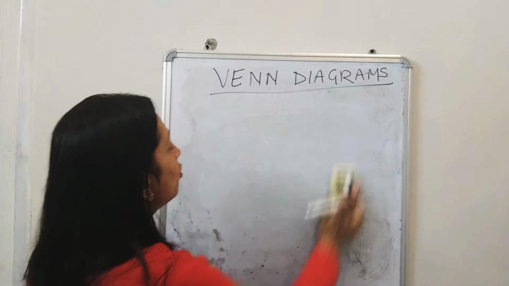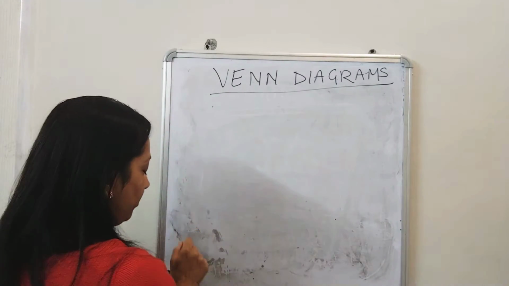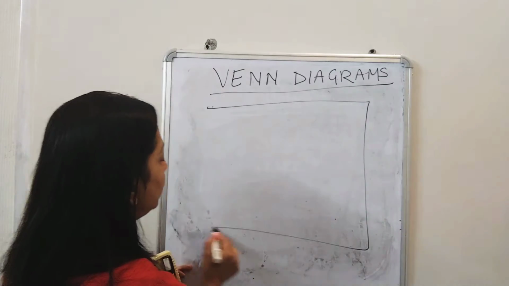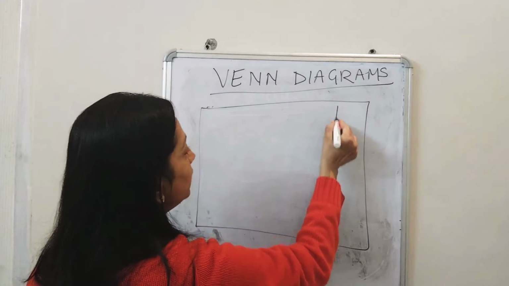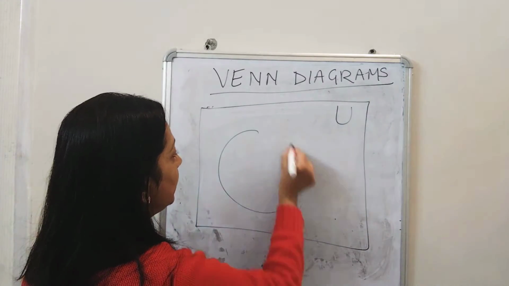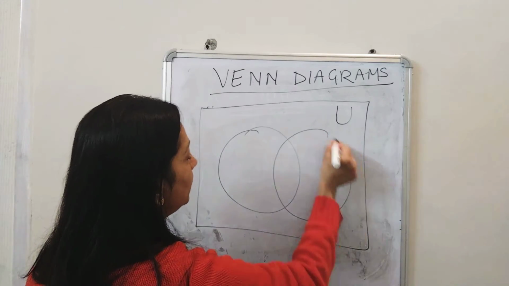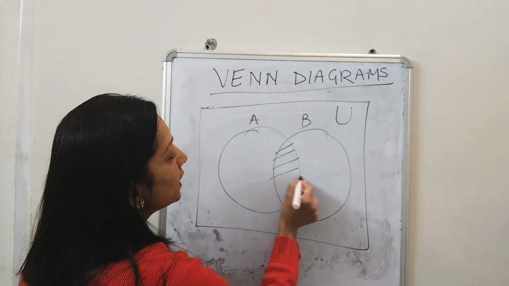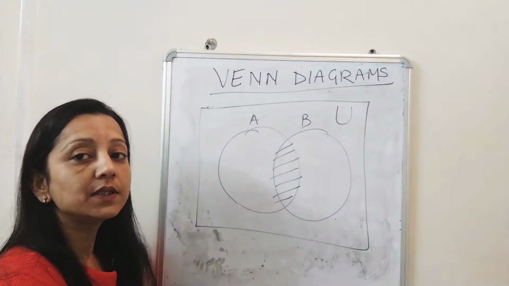Similarly, I take two more sets like this. Within the universal set, I have a set A, I have a set B, and both of them are overlapping. Now this overlapped region represents that both of them have some elements in common.